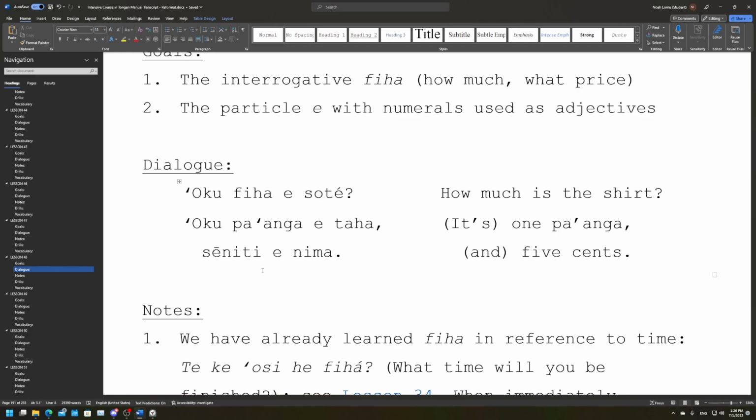So I've gone ahead and changed it. Originally when the paanga was formed, it was 2 paanga per English pound, and it remains today. I just always think of it as 2 paanga per dollar, even though it's gone down in value a little bit, so it's a little bit more than 2 paanga per dollar.